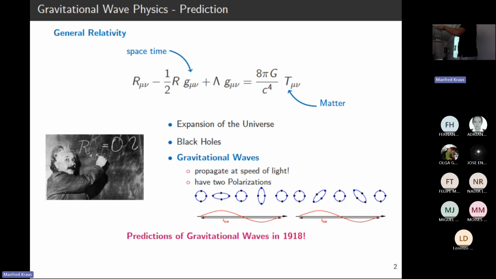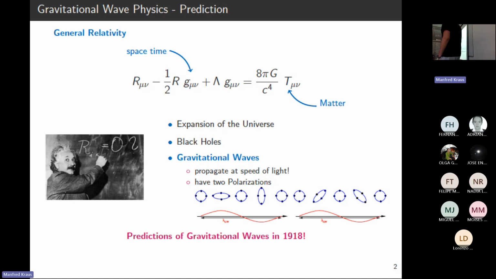So it's this stretching and squeezing of space-time that actually produces signals for the gravitational waves that we can measure.